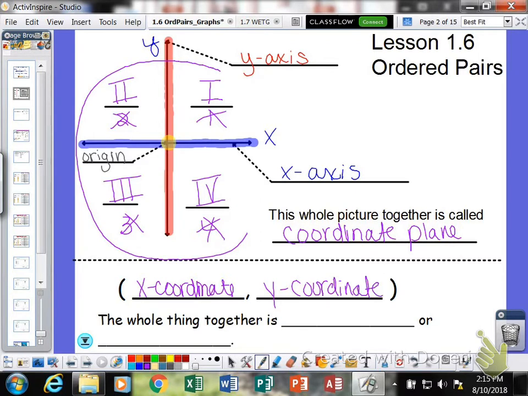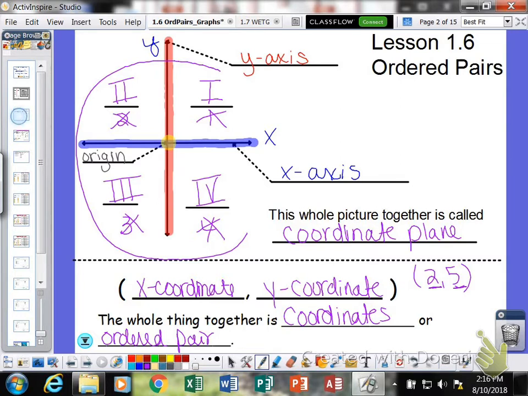So the whole thing together, for example, 2, 5, is called coordinates, or we say ordered pairs. And they're ordered because you have to go left or right depending on what value this is, and then up or down depending on the value of the second number.